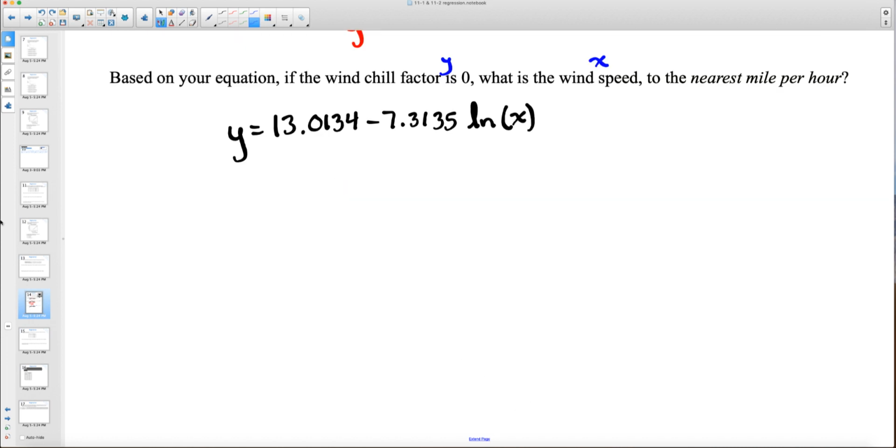Okay, so substitute in 0 for y. And then this is where we're going to have to use our knowledge of logarithms from our previous unit. So I have to solve this log equation here. So let's subtract 13.0134 from both sides.